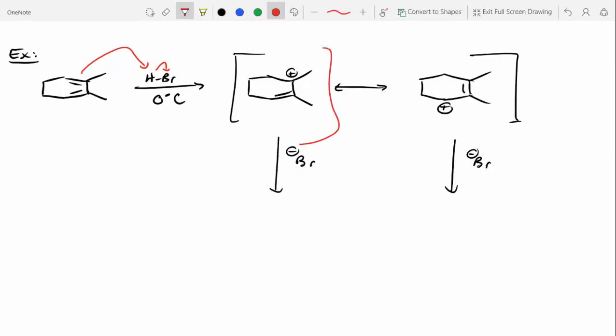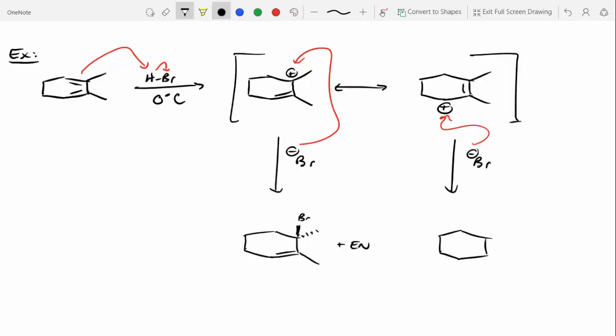So let's draw both of these and then try to predict which one will be major and which one will be minor. Let me actually show some stereochemistry here. So we'd have this plus an enantiomer. And then for our other one, we would also end up with a mixture of enantiomers.